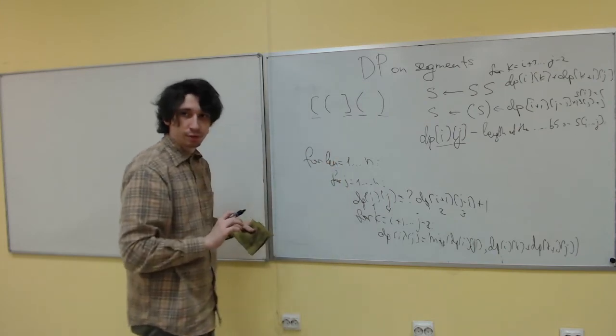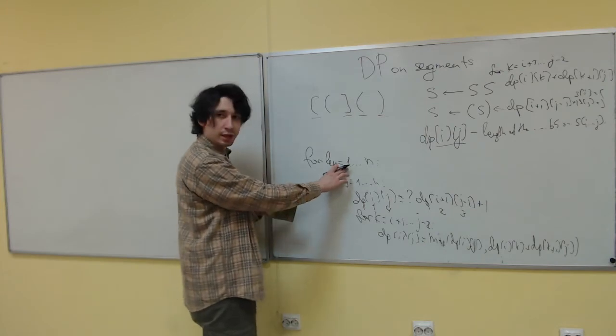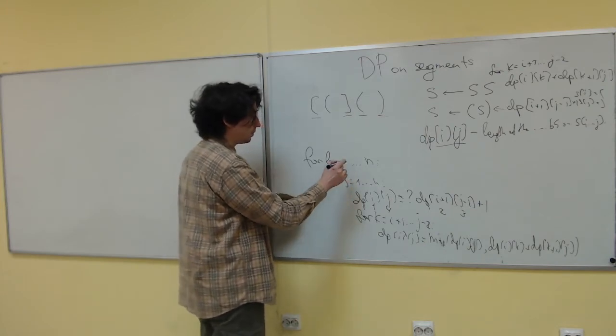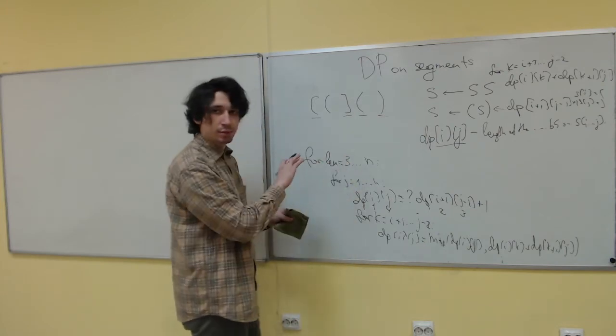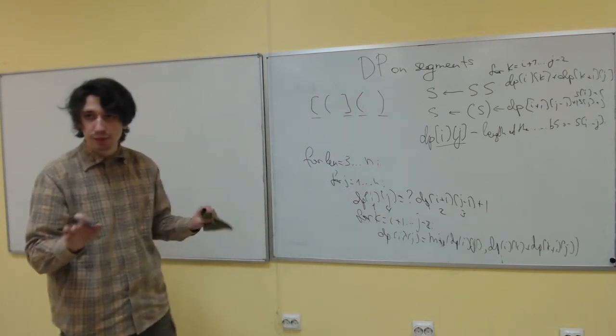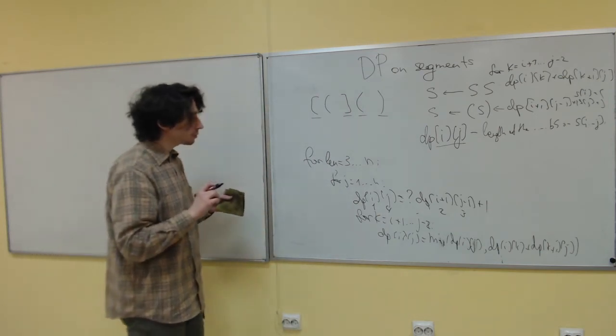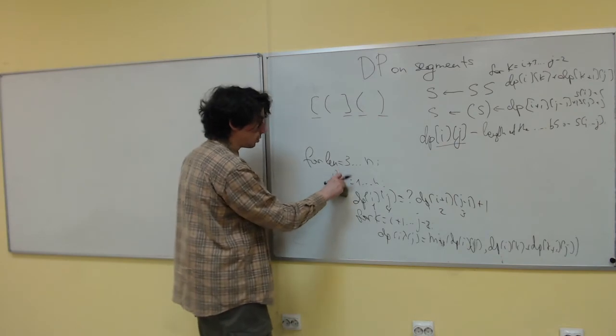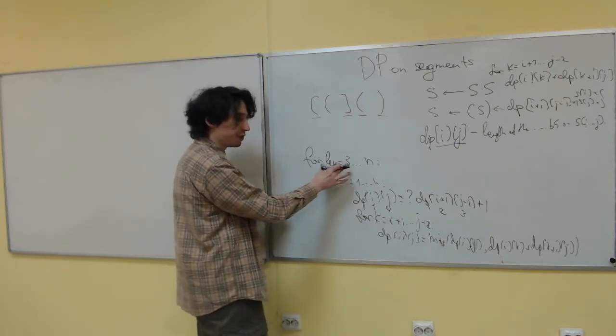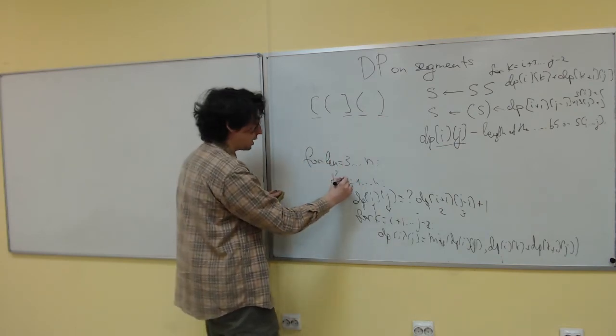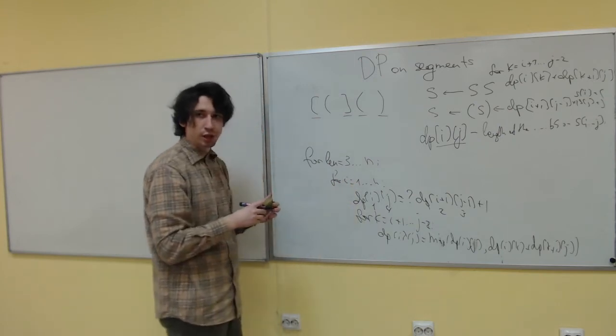That's pretty simple. Suppose we calculate len. I will explain why from 3 a little bit later, but right now, let's iterate over the length of the strings and consider here from position i.